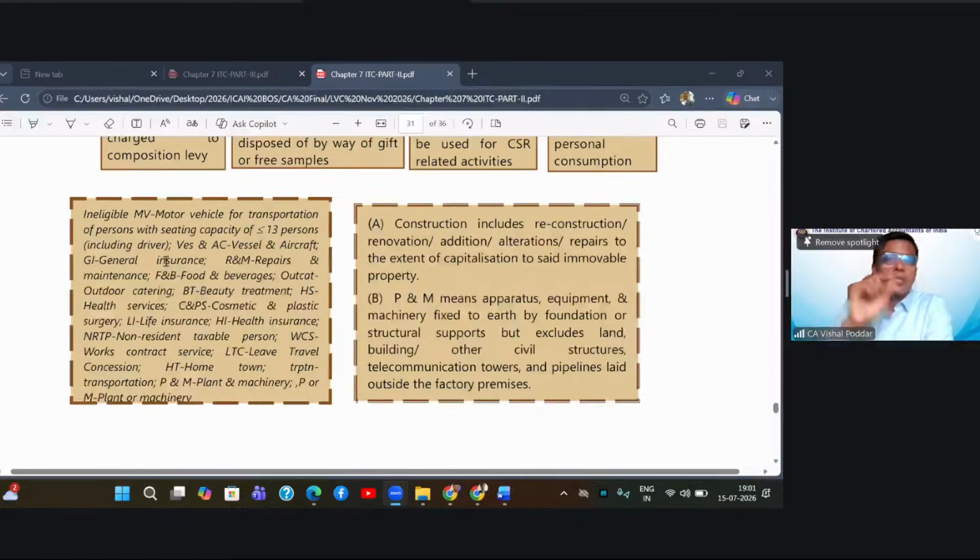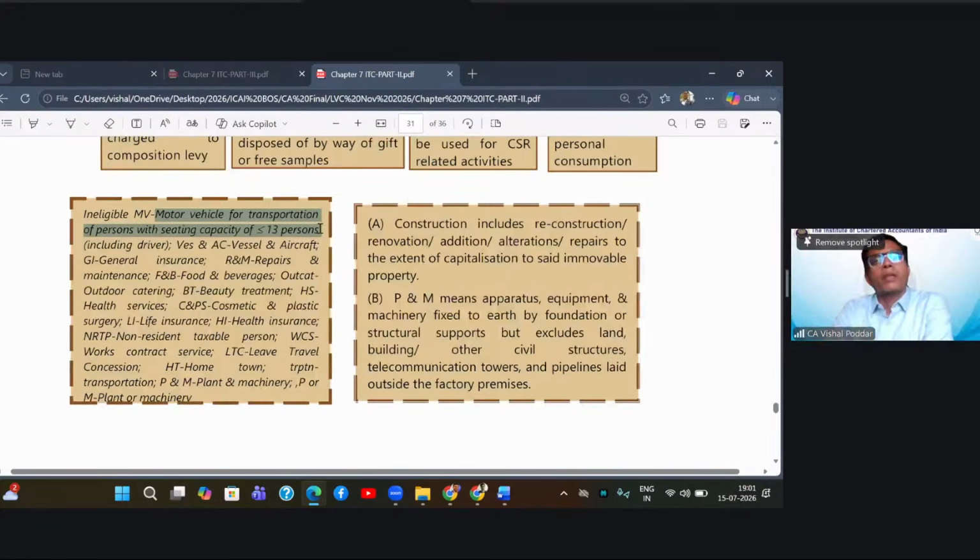Now within that, if the motor vehicle is of a capacity of more than 13 passengers, again the credit is allowed and it is not blocked. In short, the blockage for motor vehicles, again in one line, will apply wherever the motor vehicle is for transportation of passengers and second, the seating capacity does not exceed 13 persons.